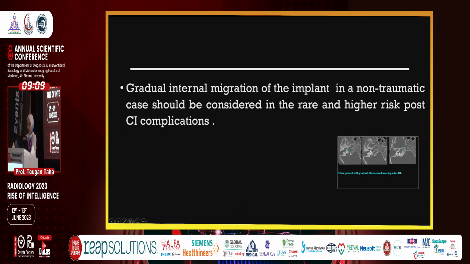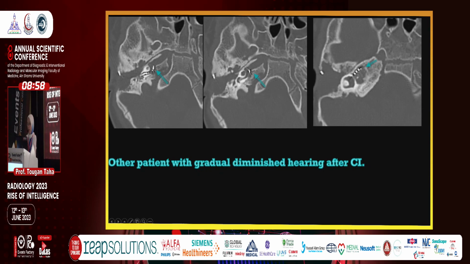Gradual internal migration out of the implant in a non-traumatic case should be considered in the rare and higher risk post-cochlear implant complication. This is one of my patients. Even there is injury of the carotid canal due to migration of the implant.